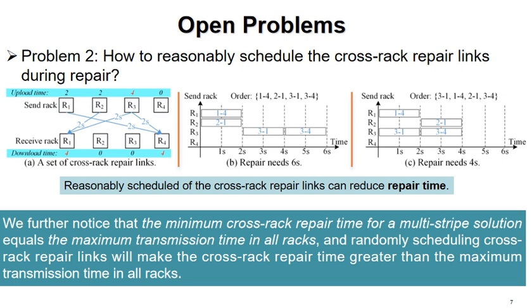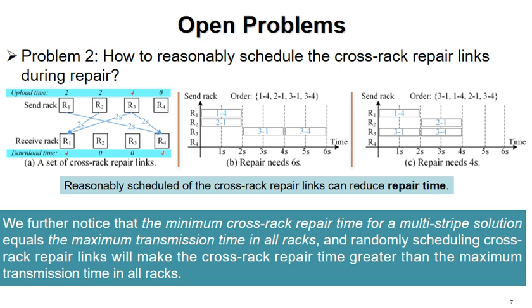We also identified that the random scheduling of the cross-rack repair links will prolong the repair procedure. Figure A shows a set of 4 cross-rack repair links. In Figure B, the traditional method randomly selects links, a random ordering for transmission scheduling, and needs 6 seconds.